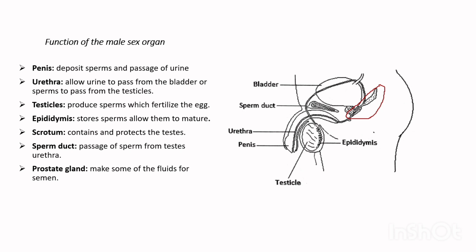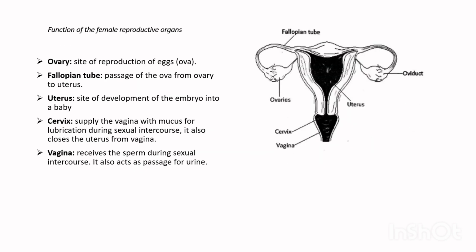The function of the prostate gland is to add fluid to the semen. So when we say semen, it simply contains different kinds of fluid added by the prostate gland, by the testes. So that's all about this unit. Let us look at another diagram in the next unit.